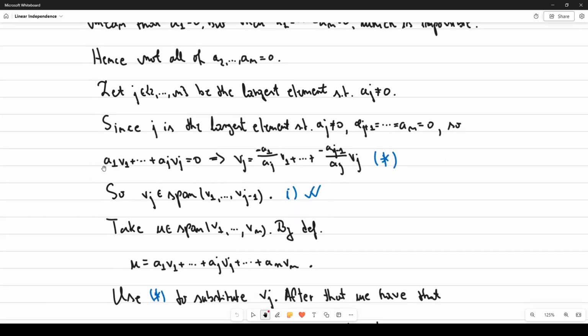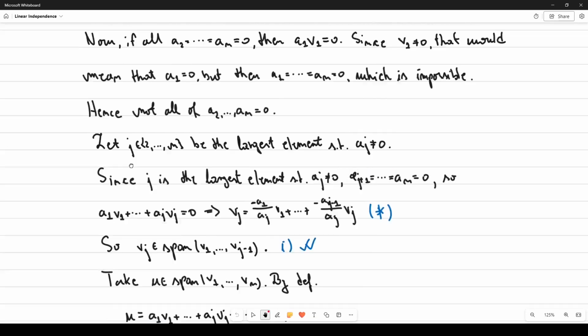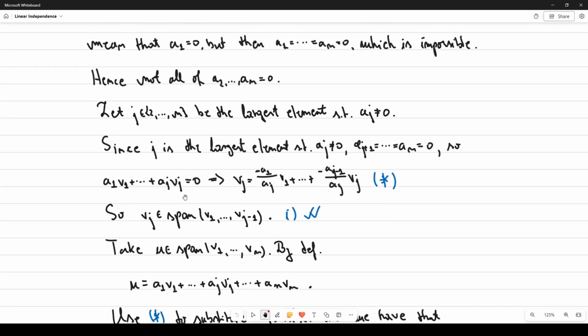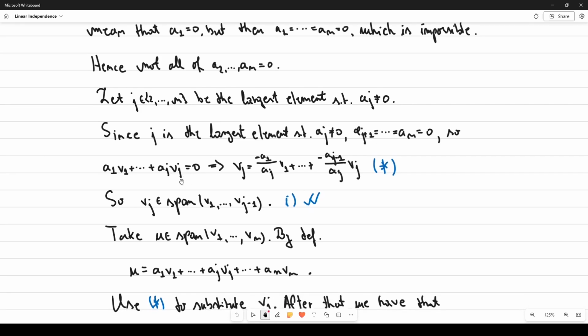So we have that from our original linear combination we just get this. We get from a1 to aj, and all the other scalars are 0, so we don't have to write that. And now we can just express the vector vj from here. Since aj is different from 0, we can divide by it.